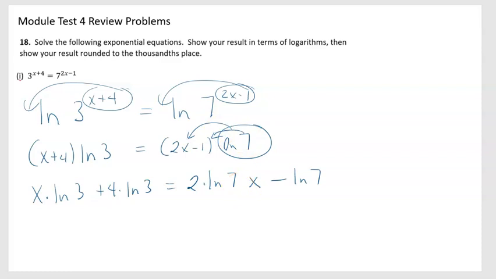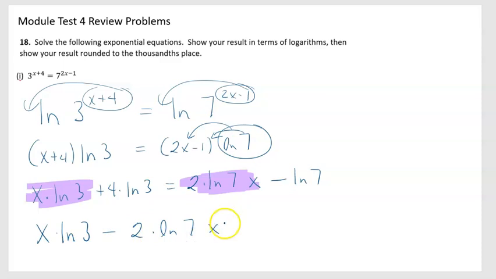Now, look, this term has an x in it, and this term has an x in it. Let's move all those to the left side, and then the ones I don't have highlighted, let's have those on the right side. So I have x times the natural log of 3 minus 2 times the natural log of 7, x. Now I'm not being consistent with my x's.